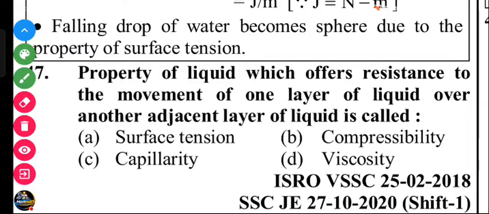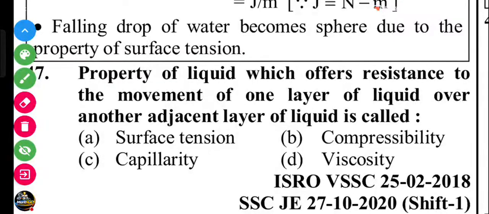Question number 47. The property of the liquid which offers resistance to the movement of one layer of the liquid over the adjacent layer is the definition of viscosity, so D is the answer.